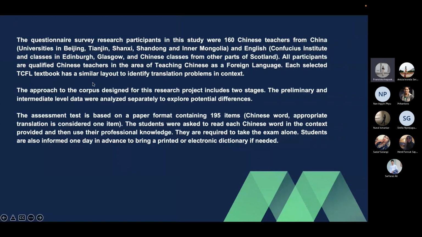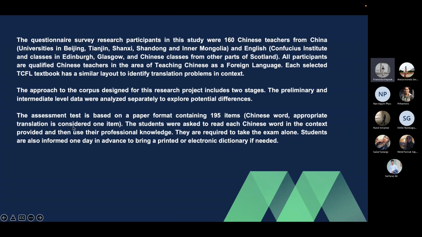And then the approach to the corpus design for this research project includes two stages. The first is that the preliminary and intermediate level data were analyzed separately to explore potential differences. And then the assessment test is based on a paper format containing 195 items, which are Chinese words.